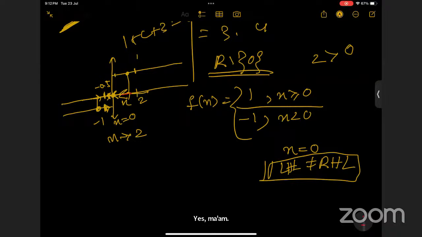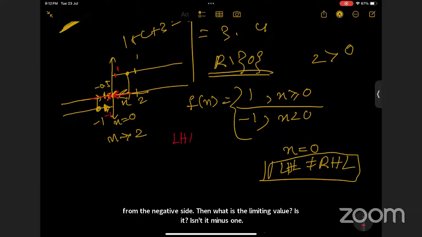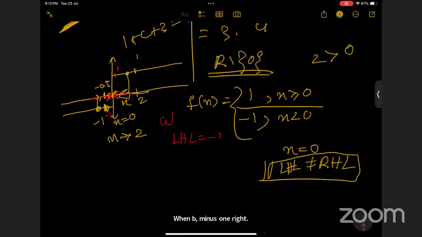When we are tending to 0 from the positive side, that means from this side, the limiting value will be 1, right? But when we are tending to 0 from the negative side, what is the limiting value? Isn't it minus 1? Left-hand limit is minus 1 at 0.